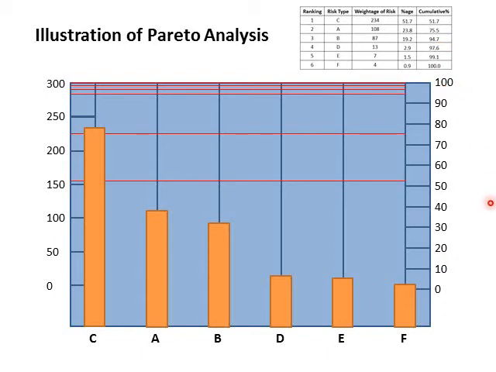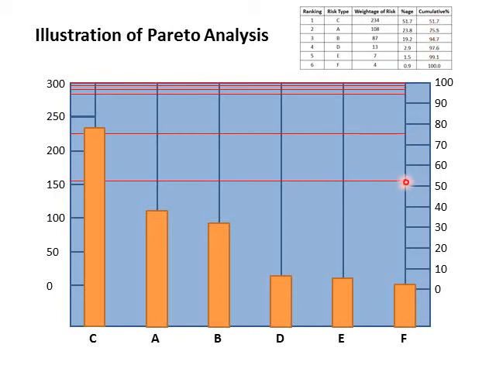So what you will do, at first you have to draw the bars against each weightage of risk type, for example C, A, B, D, E, F, and then you have to draw a horizontal line parallel to the x-axis. Where you have to draw this line? You have to see the cumulative 51.7.